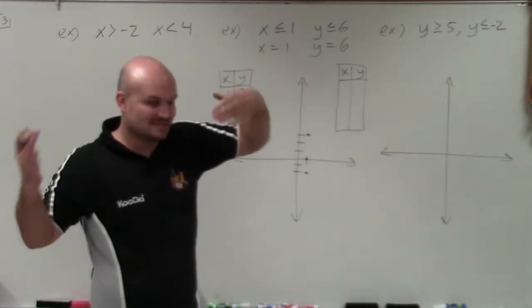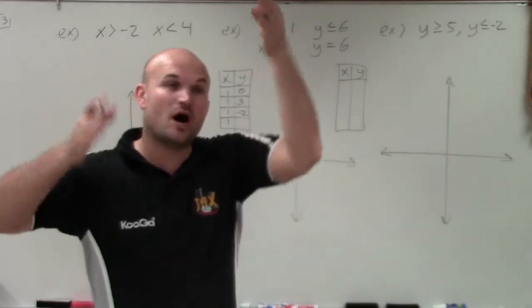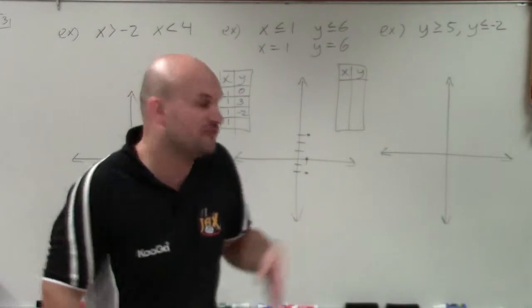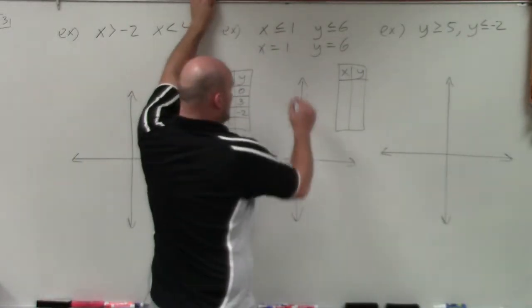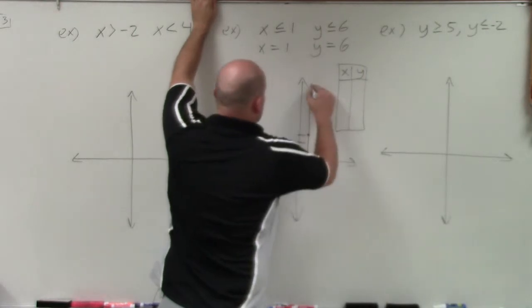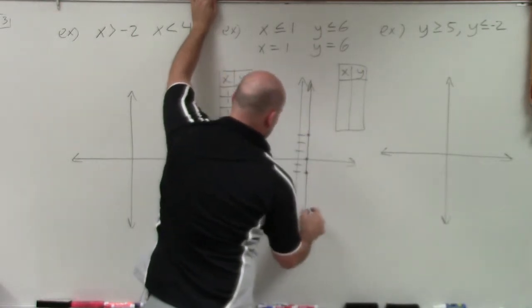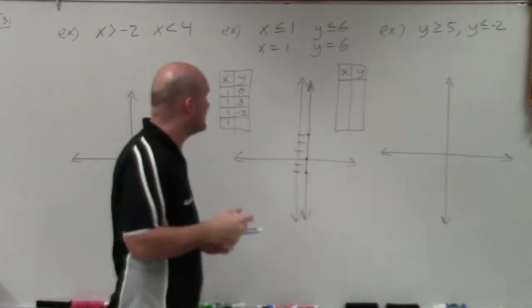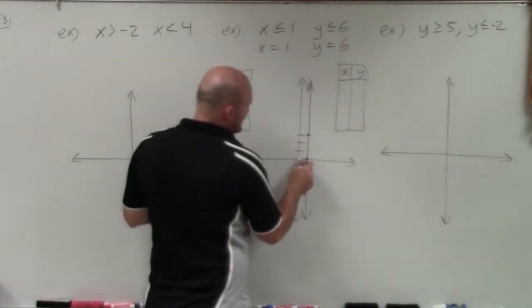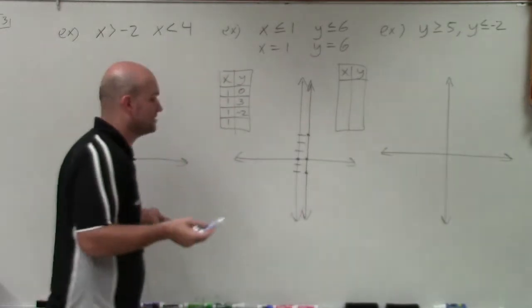Whenever you have x is less than or greater than or equal to, it's always going to be a vertical line at that value for x. Now, since this is less than or equal to, we know that's going to be a solid line. Then we need to determine our shading. Now, the best way to go ahead and confirm that is to choose a test point that is not on the line. And the best one to do is 0, 0.